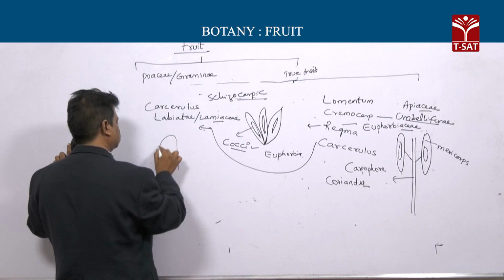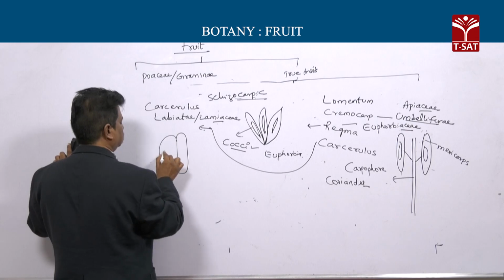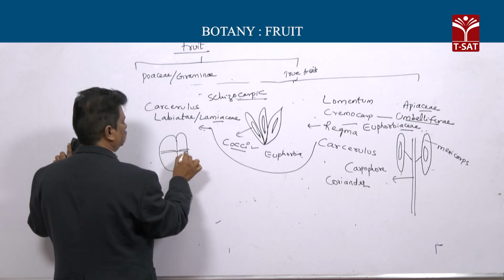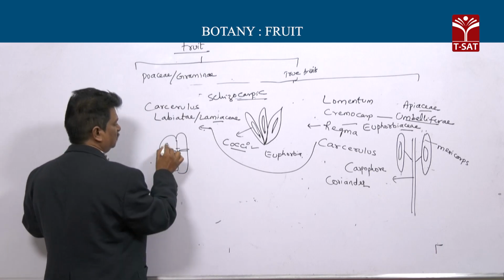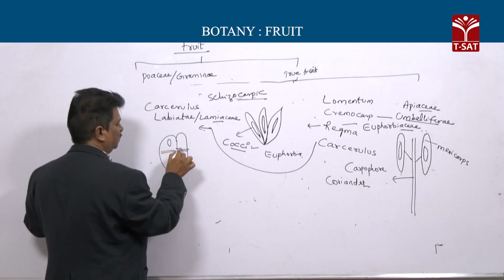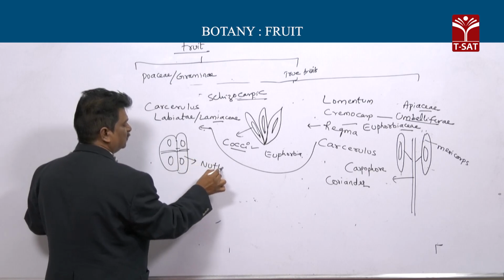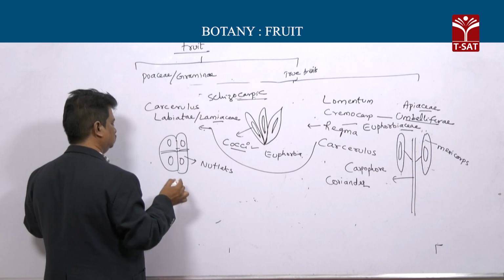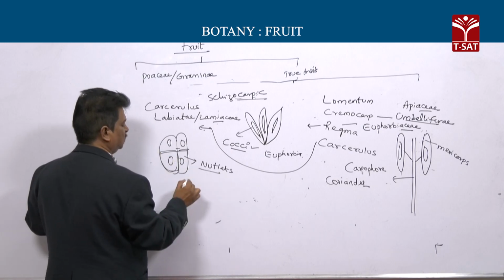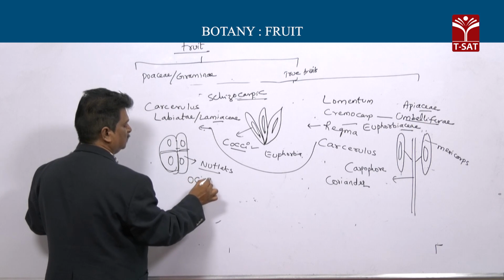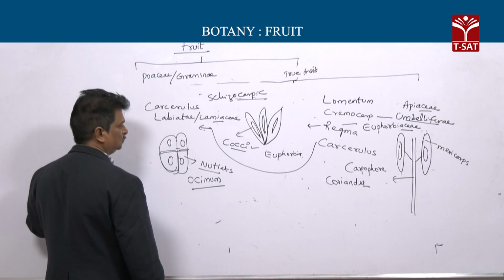This fruit is actually bicarpellary, bilocular. Due to a false septum, it is tetralocular. Then the fruit breaks into four single-seeded bits, but each bit contains a hard pericarp. Hence it is called a nutlet. Example is Ocimum.